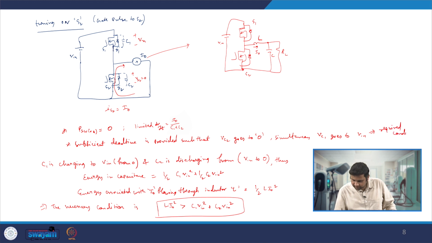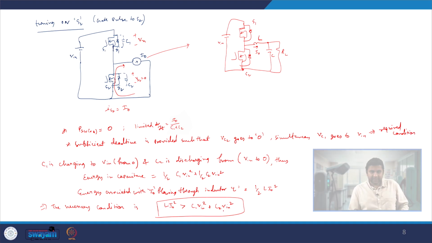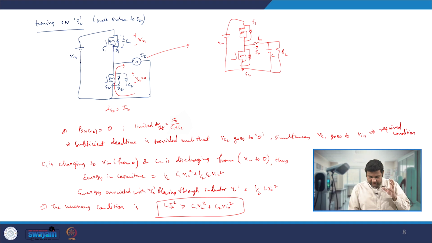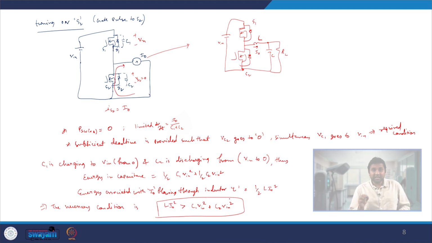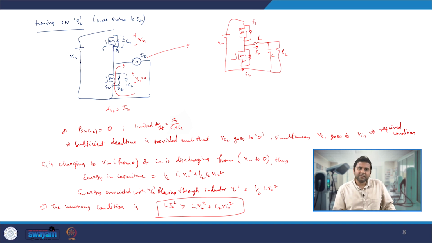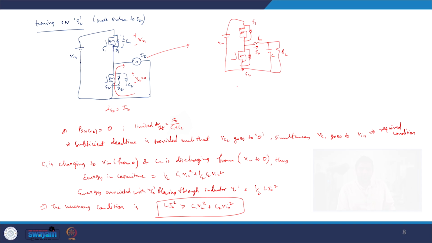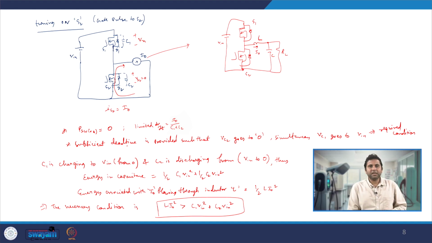That means the necessary condition is that the energy associated with the inductor must be sufficient to take out the required charges from C1 and C2, such that C1 goes from 0 volt to Vin voltage, and C2 goes from Vin voltage to 0 voltage. This much energy has to be taken out by the current flowing through inductor L. That is the necessary condition. However, once the necessary condition is met, one must ensure there is the required time such that the voltage across these two gets to 0.